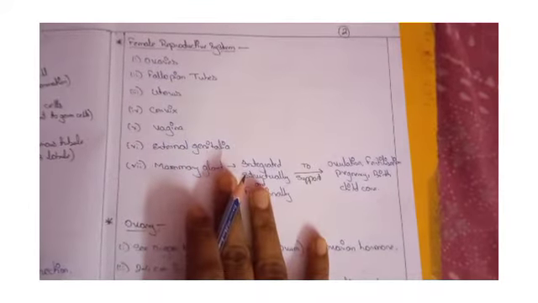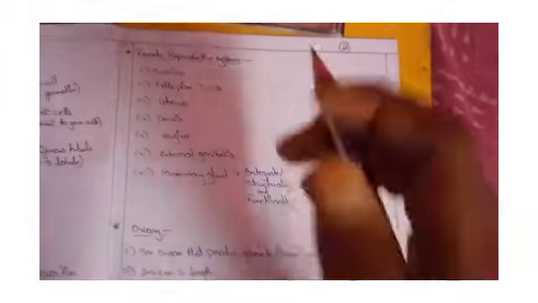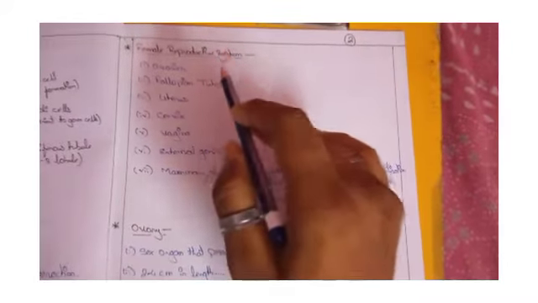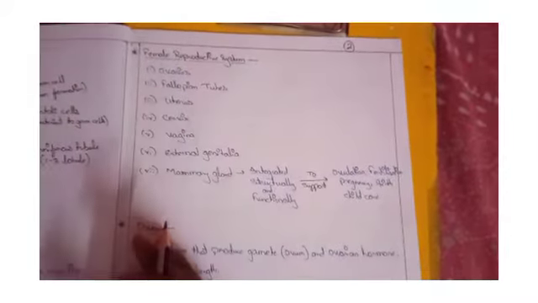Now we will come to the female reproductive system. In the female reproductive system there are ovaries, fallopian tubes, uterus, cervix, vagina, external genitalia, and mammary glands also. In the female reproductive system there are also two types, primary sex organ and secondary sex organ.